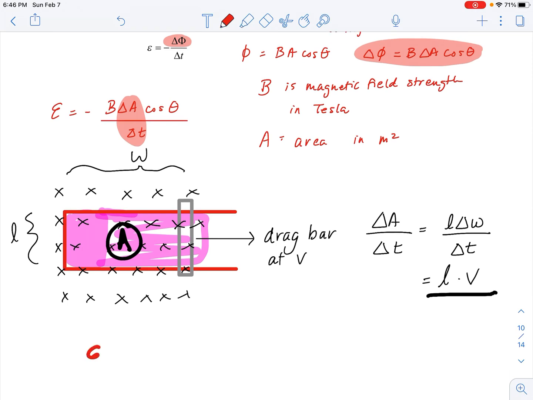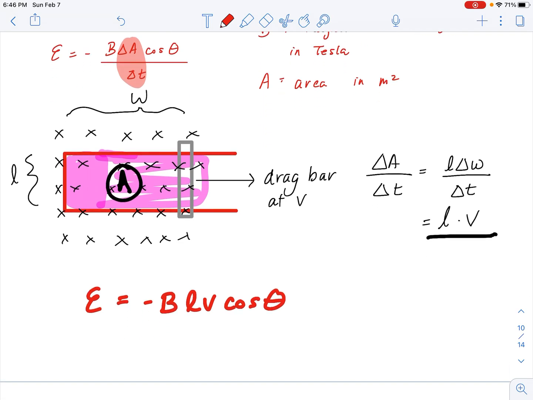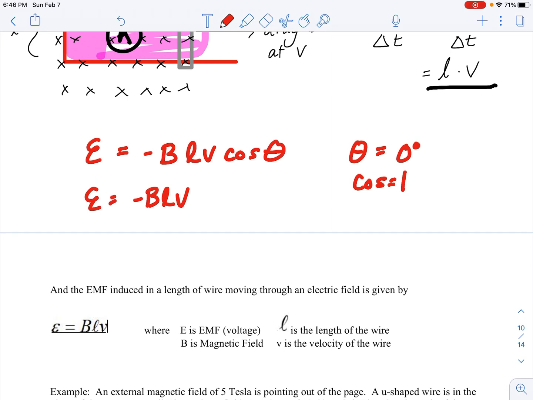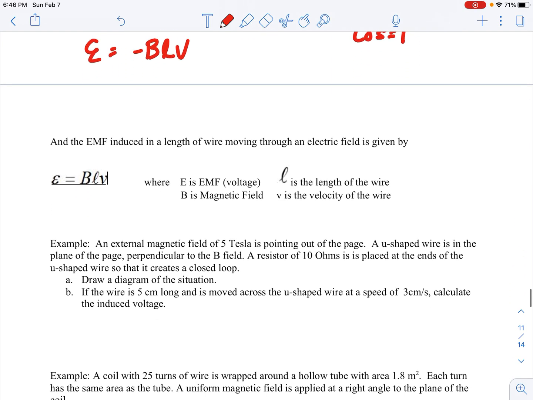I could rewrite this formula as EMF equals negative B L V times the cosine of the angle. Now in this scenario, the angle is 0 degrees, so the cosine is 1. And I'll talk about what that negative sign means in a moment.